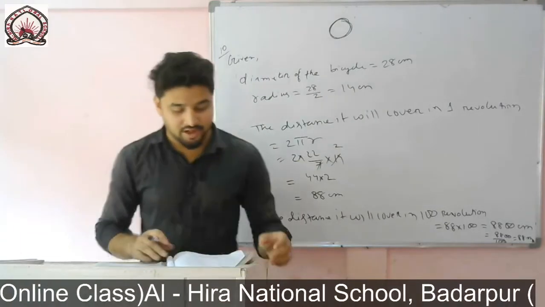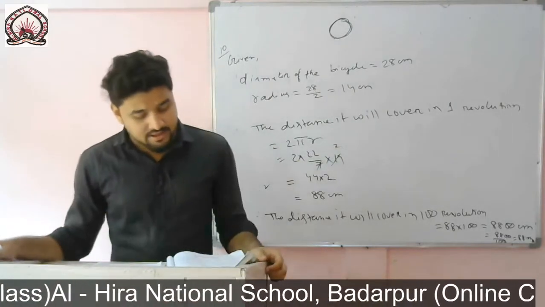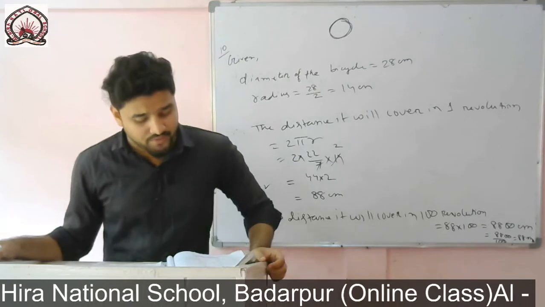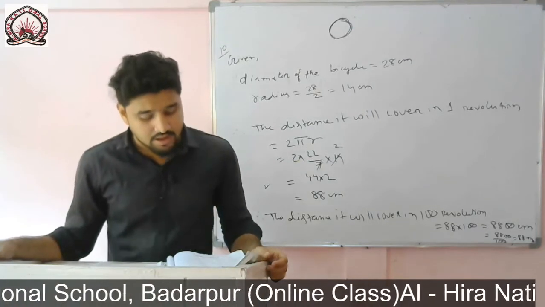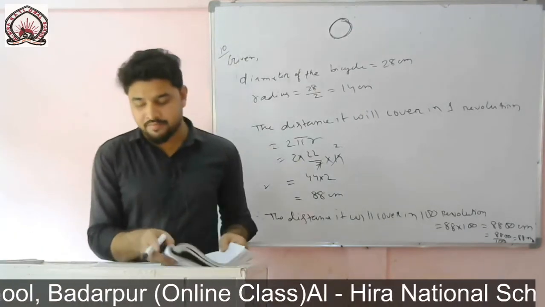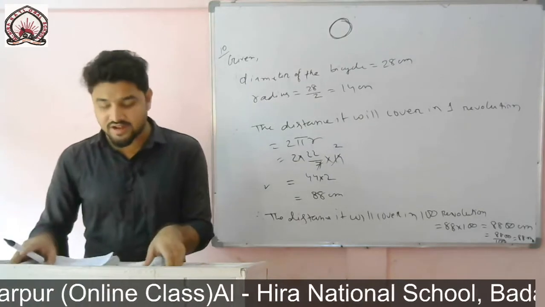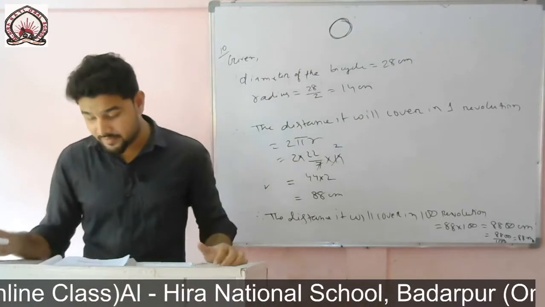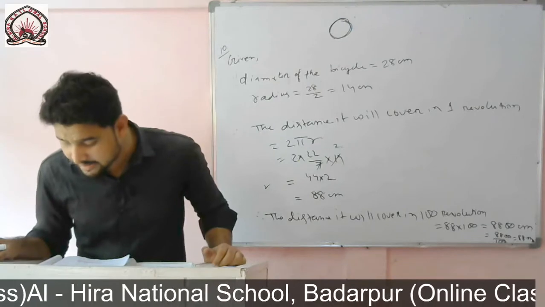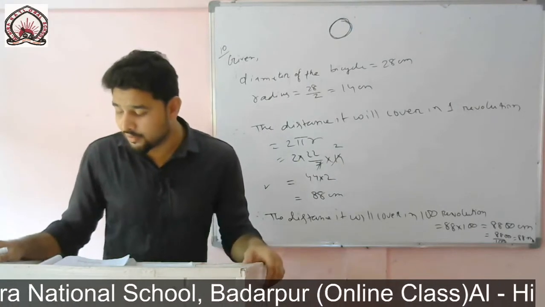Now come to question number 11. The radius of a circular field is 24.5 meter. Find the distance run by a boy in making 4 complete rounds.